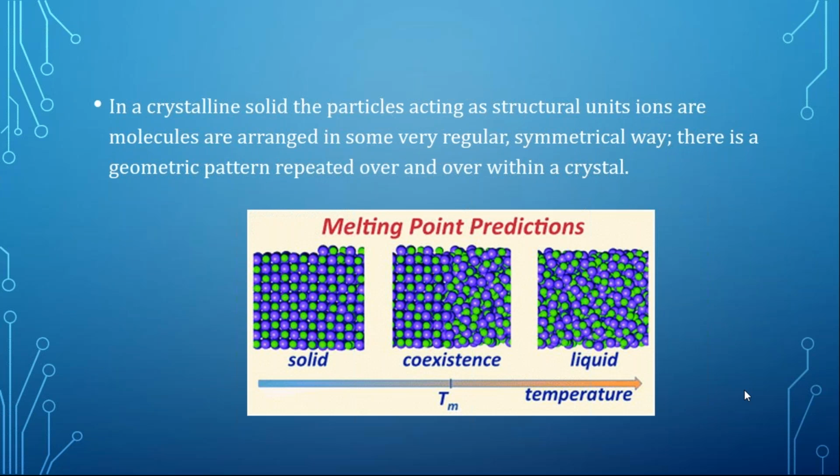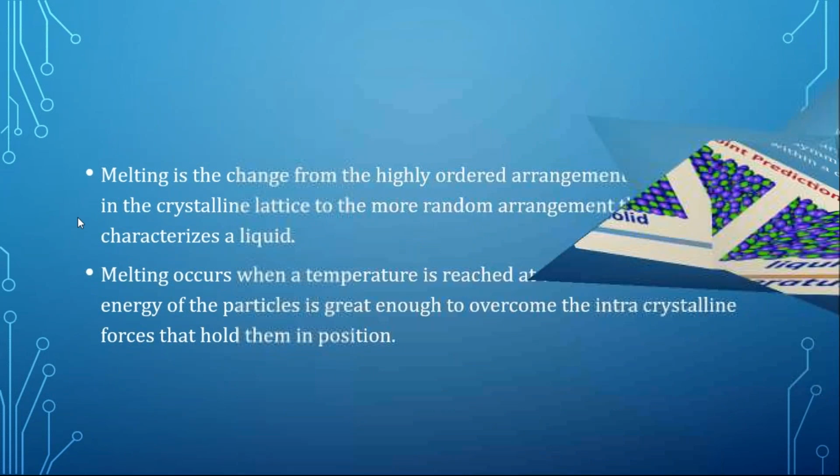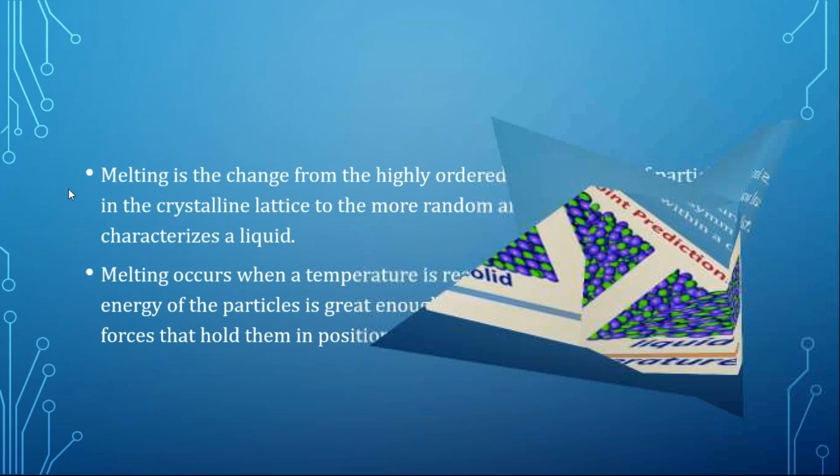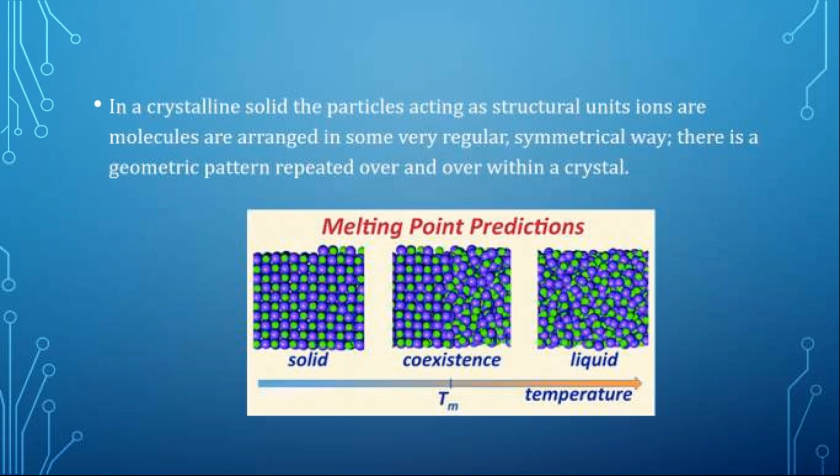So melting is the change from the highly ordered arrangement of particles in the crystalline lattice to the more random arrangement that characterizes a liquid. So you can see solid, how the structure is, and when you start heating, how the molecules, ions will move, and you can see in liquid it is not regularly arranged.